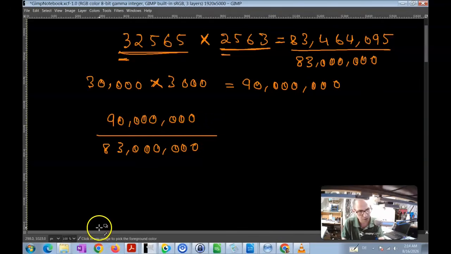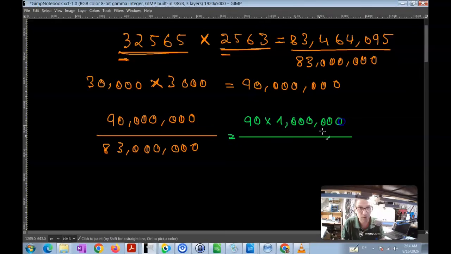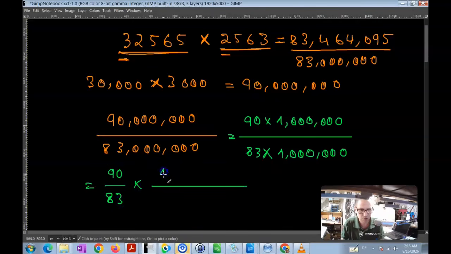The reason why I can do this is that I can write this calculation as 90 times 1 million, which is 90 million, over 83 times 1 million, right? And then of course I can write the same thing as 90 over 83 times 1 million over 1 million, right?